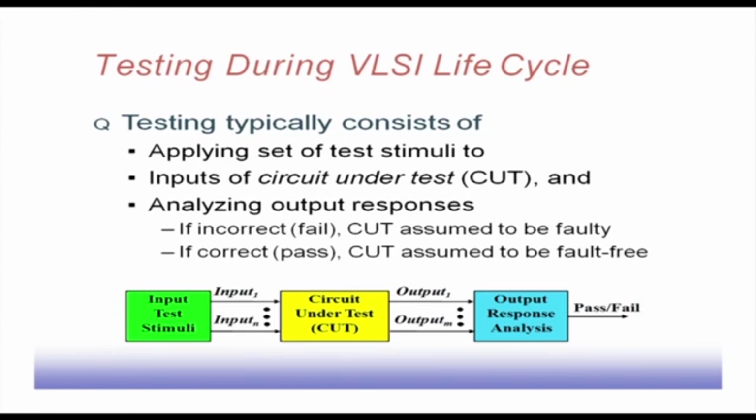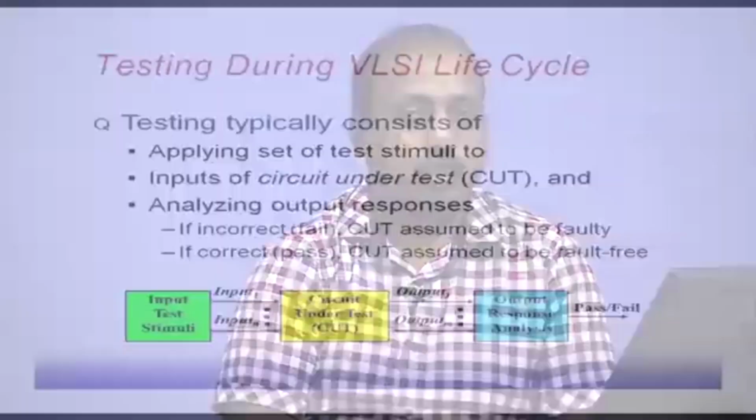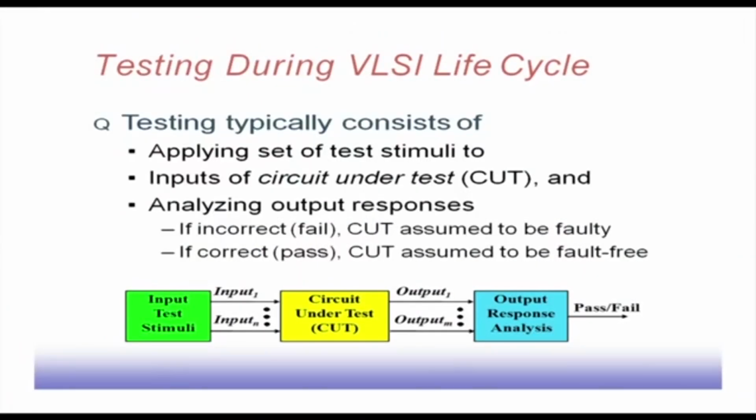It is absolutely true that if I have to obtain very high confidence about the correctness of the system, then we need to apply a very large set of test stimuli, a set which is sufficiently large. But in the process, the time requirement for testing will go up significantly.